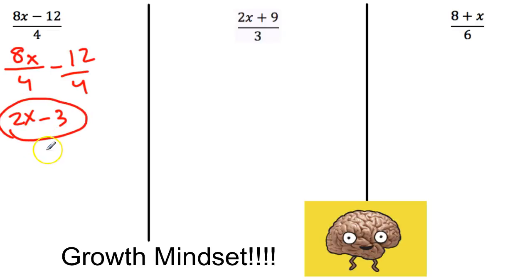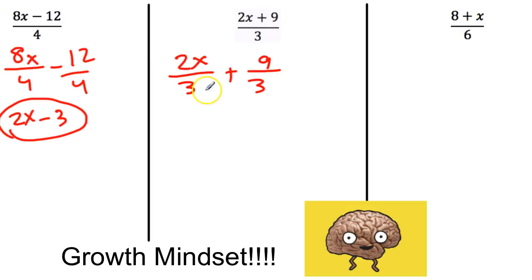And this will be really important for the next chapter when we start graphing and solving equations. So keep this in mind as we move forward. This one over here, (2x plus 9) divided by 3. Again, break it into 2 smaller fractions. 2x divided by 3 plus 9 divided by 3.